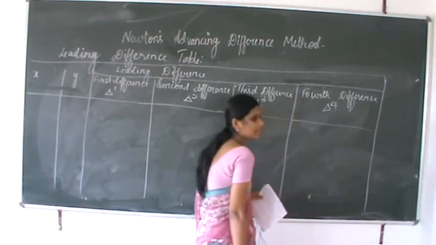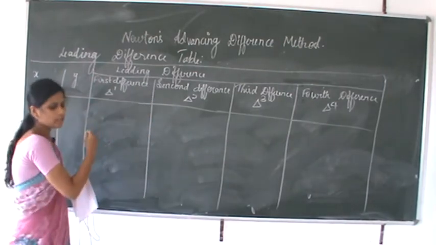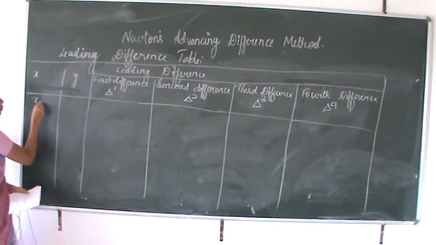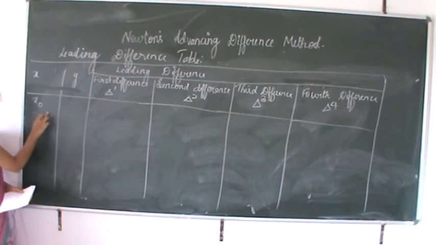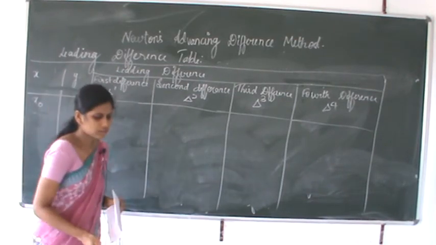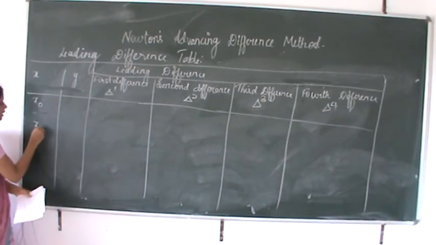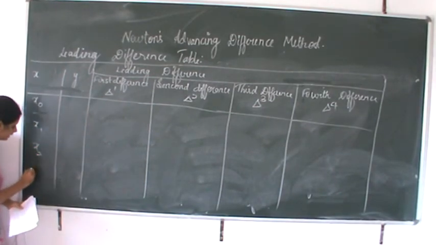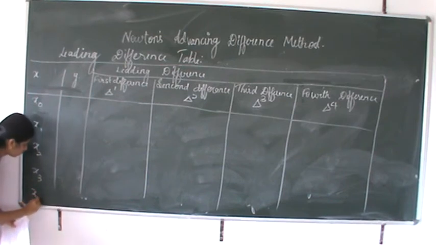These are the column headings. Now we will write the values of x given, that is x0, x1. Leave one line in between because you have to find out the leading differences. So x0, next x1, x2, x3, x4.